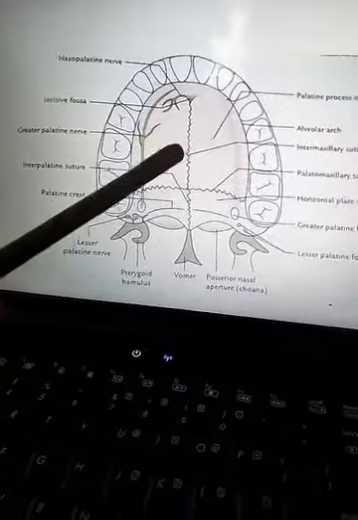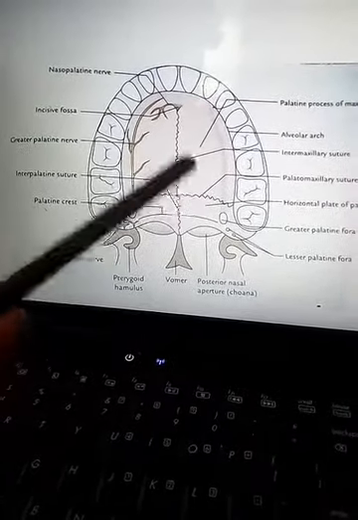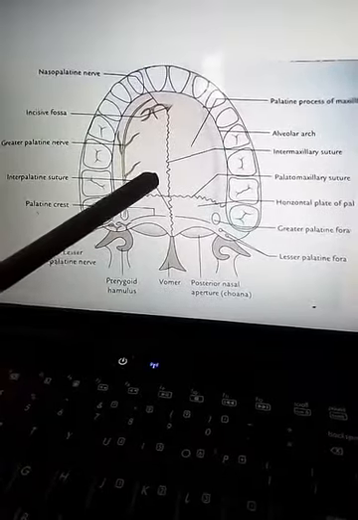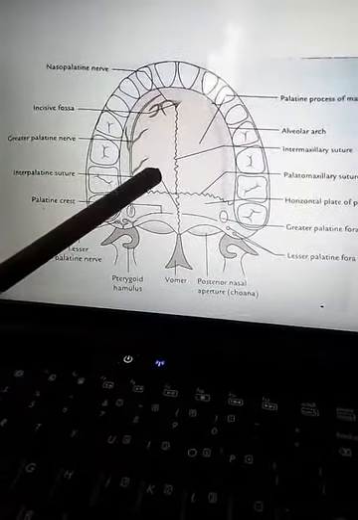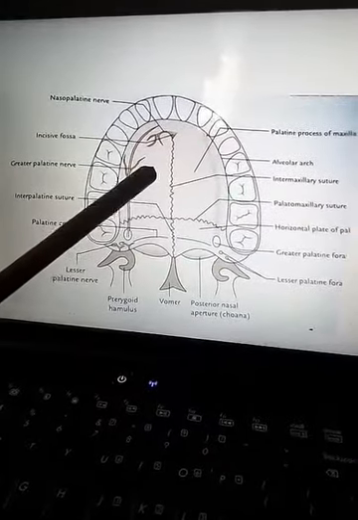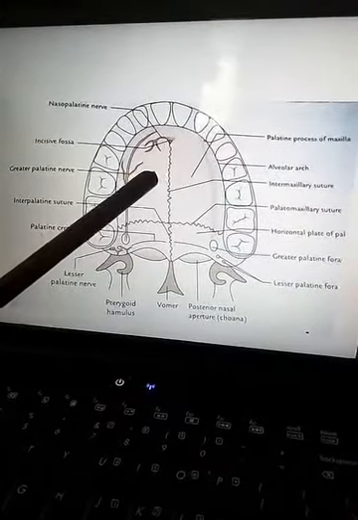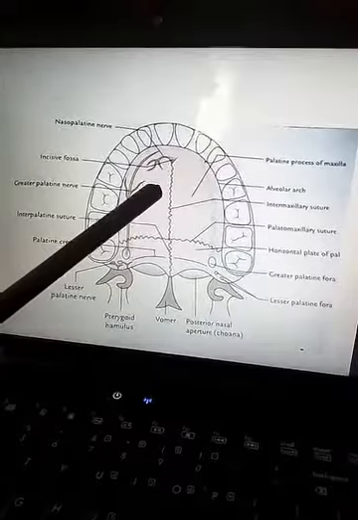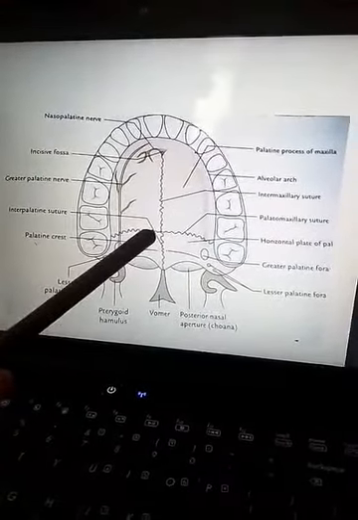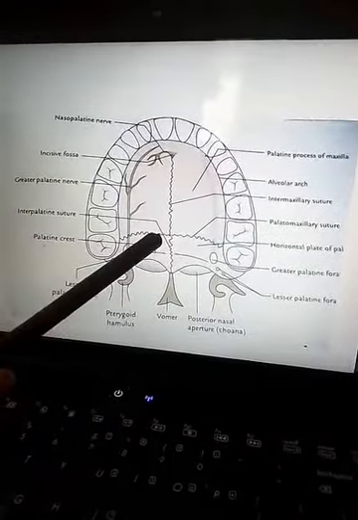Now the palate. Palate consists of hard palate anteriorly and soft palate posteriorly. The hard palate is a partition between the nasal and oral cavities. Its anterior two-thirds is formed by the palatine processes of the maxilla and posterior one-third by the horizontal plate of the palatine bones.